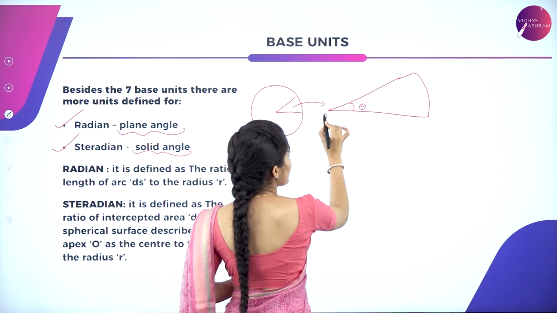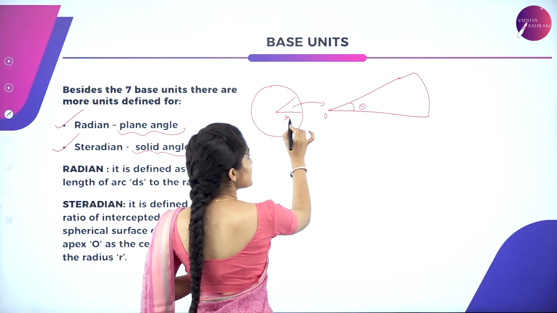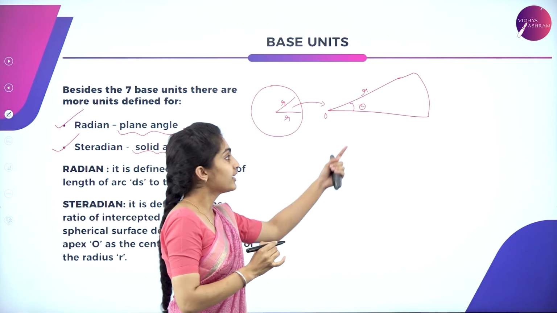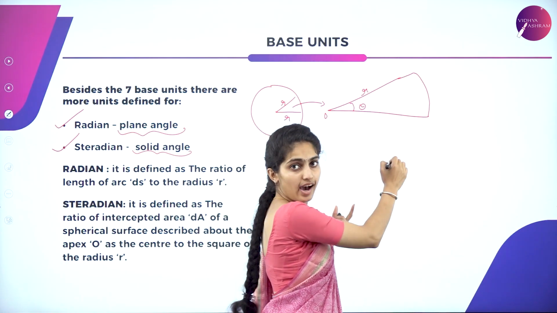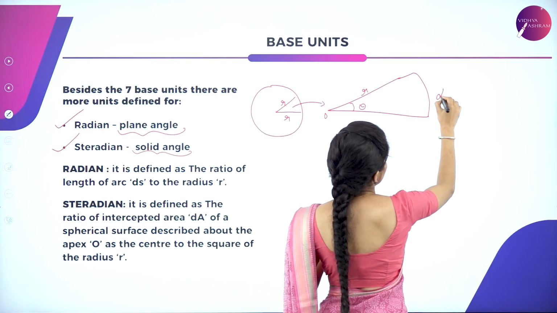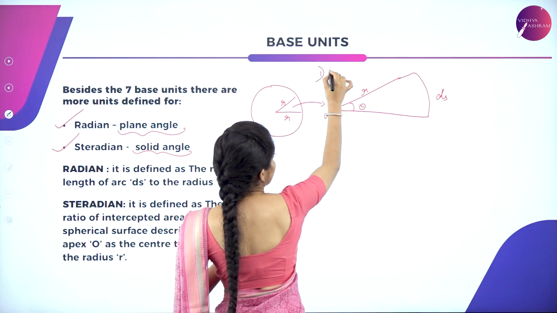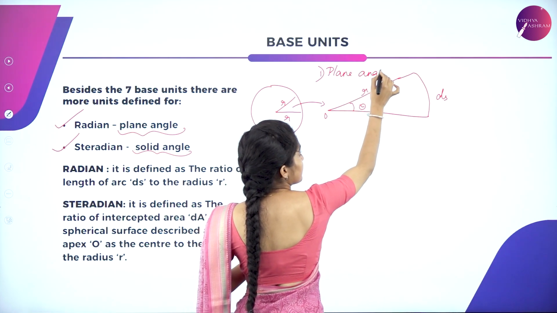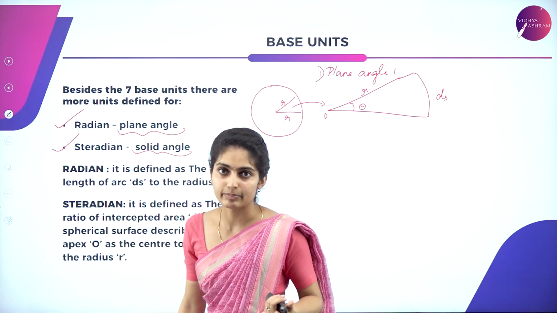Let this point be O. Since this represents the radius, let me write it as R. And the outer arc is there, no? Let this arc be represented as DS. So this is a plane angle.